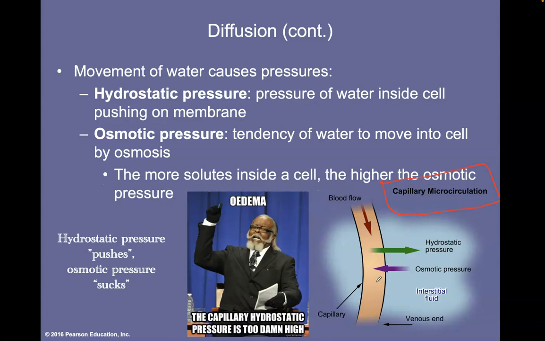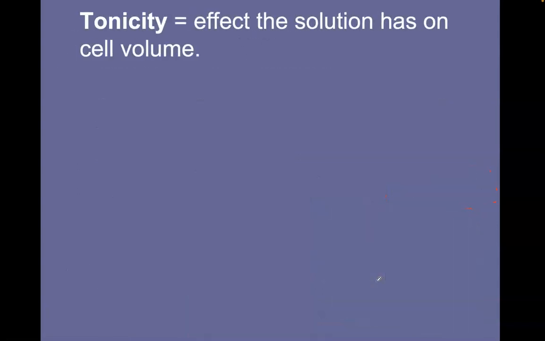So that's actually what causes edema when we get edema. So again, I like to introduce that. We're focusing obviously more on osmotic pressure right now. And that is simply the more solutes inside a cell, the higher the osmotic pressure is going to be, okay? The more it's going to want to suck that water in, okay?